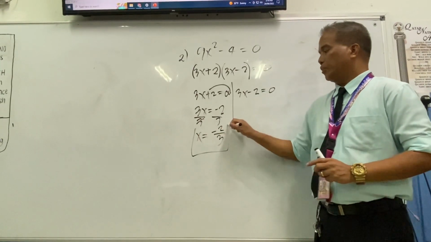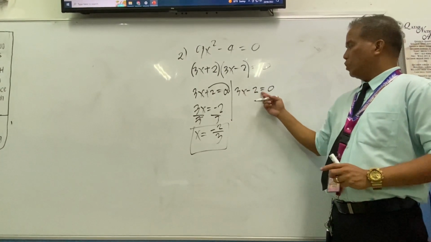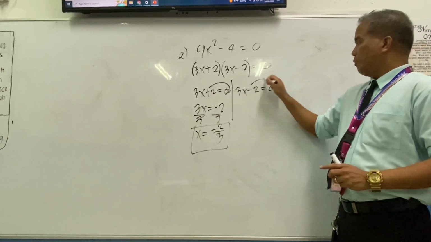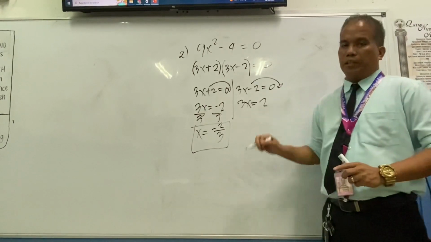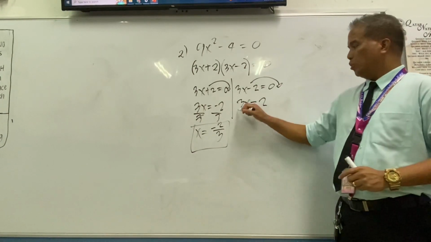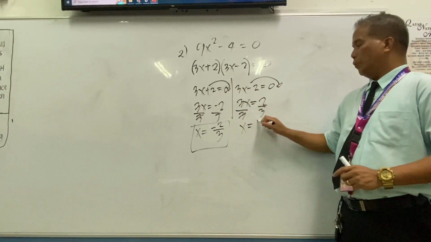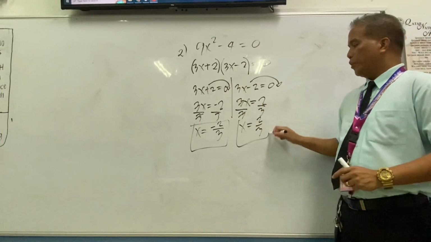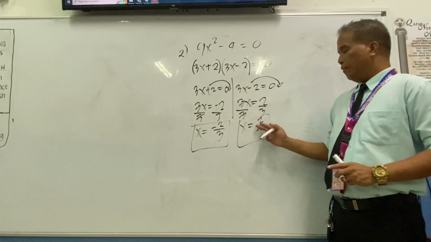So this is now the first solution. Then the second solution, we have 3x - 2 = 0. So transpose negative 2, we have 3x = positive 2. Then divide both sides by 3. Then x equals 2 over 3. So therefore, the solutions are negative 2/3 and positive 2/3.